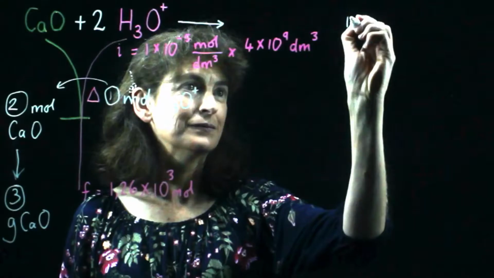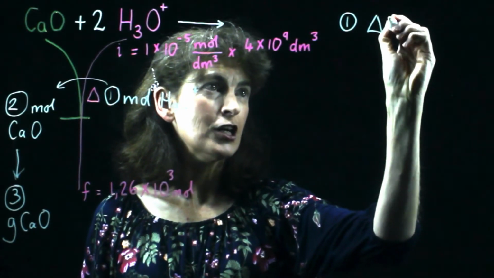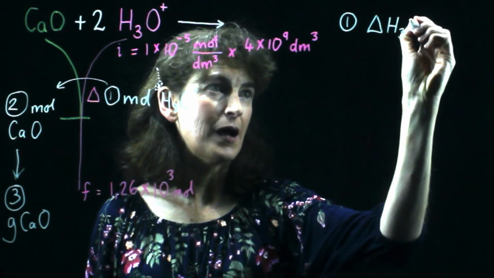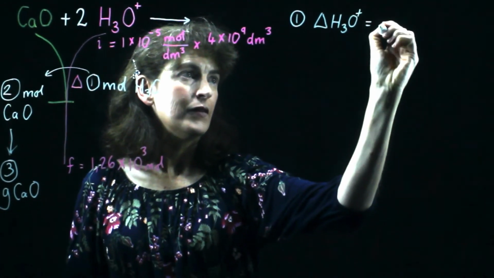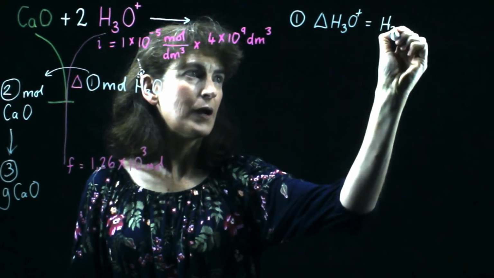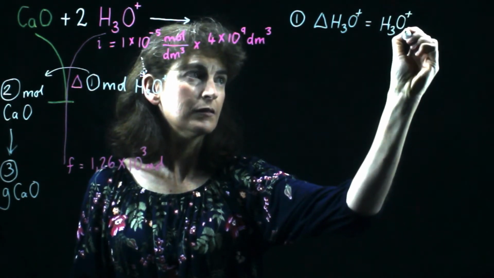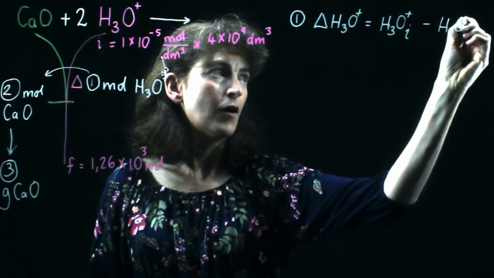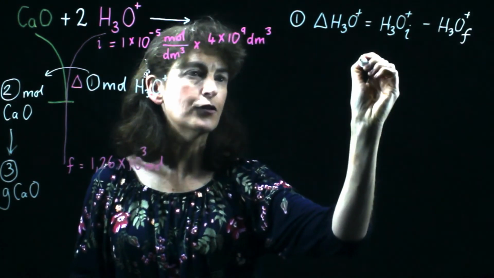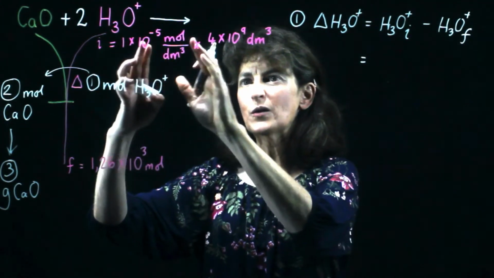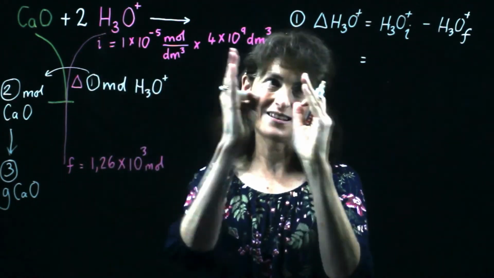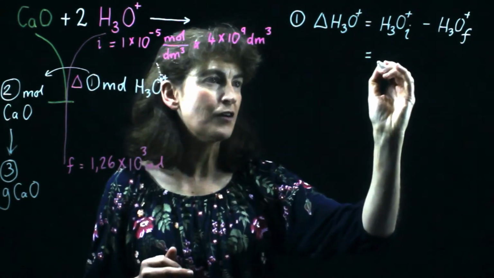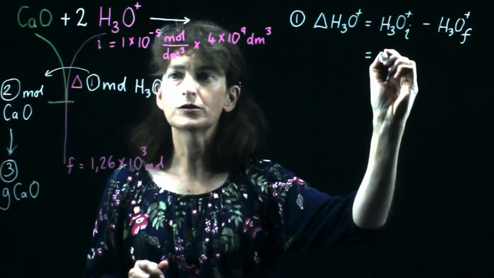First step, we get the change in hydronium ions. The initial hydronium ion number of moles minus the final number of moles of hydronium. And we could have just calculated this right here and transferred that. But let's write everything out in full so that we've got it all together.